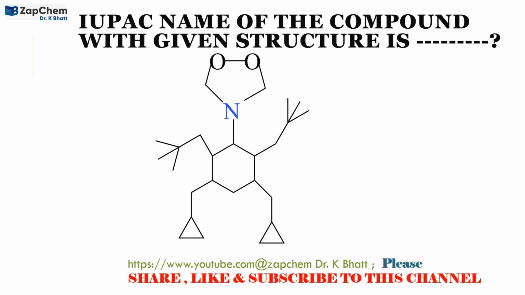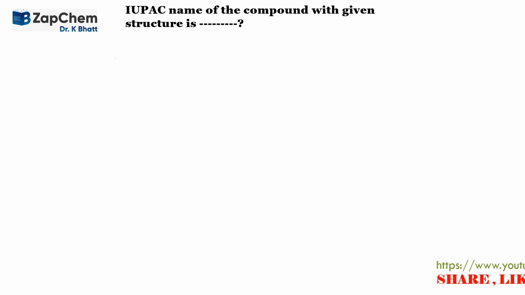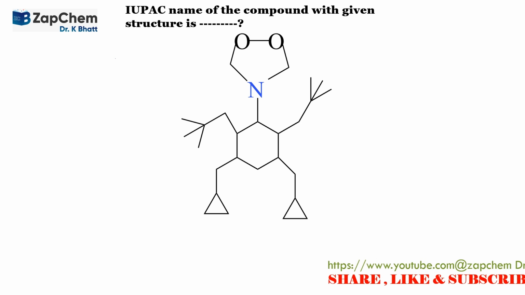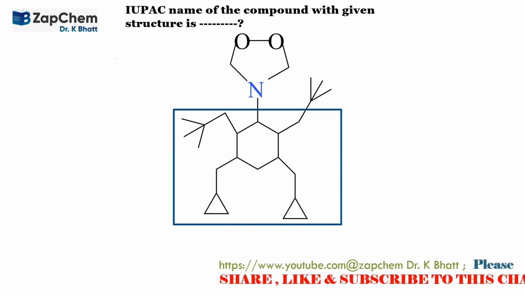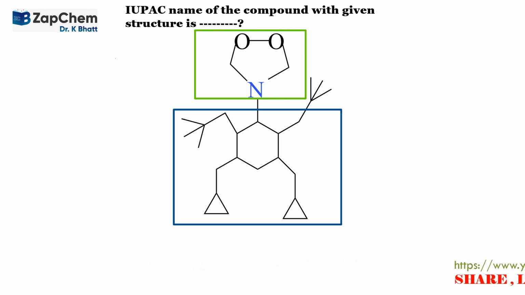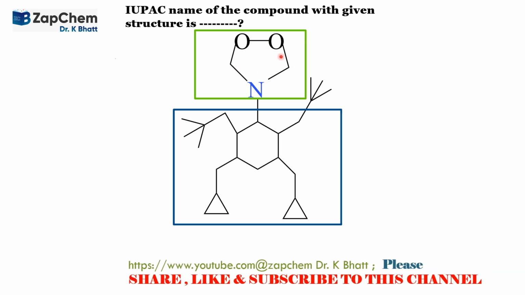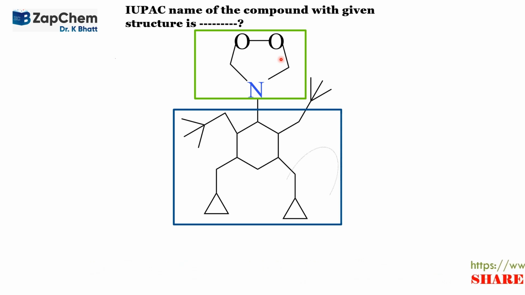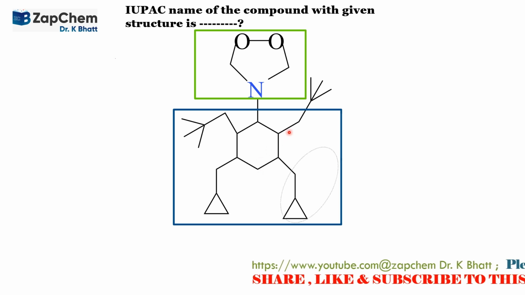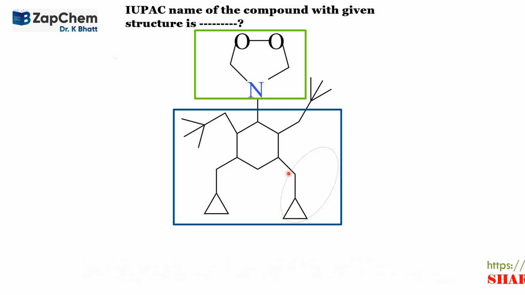Okay, let us proceed. If you look here, this structure has two parts. We can separate this complete structure into two parts as shown here. The upper part is a heterogeneous ring, and the lower part has a hexagonal ring having a certain number of substituents.